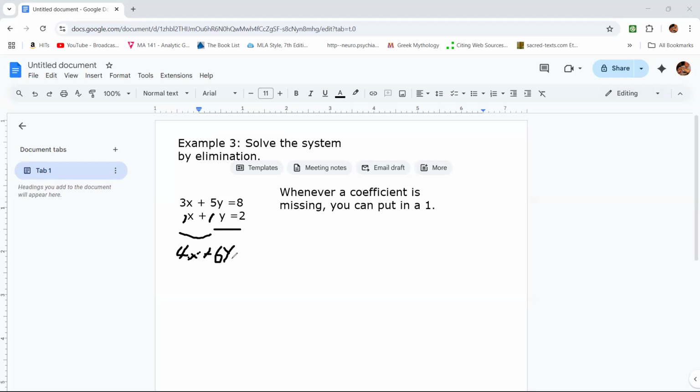Now, obviously here, I need to do some work. This is equal to 10, okay? But the problem here is that nothing eliminates. So my point here is we need to do some extra work before we combine the equation.